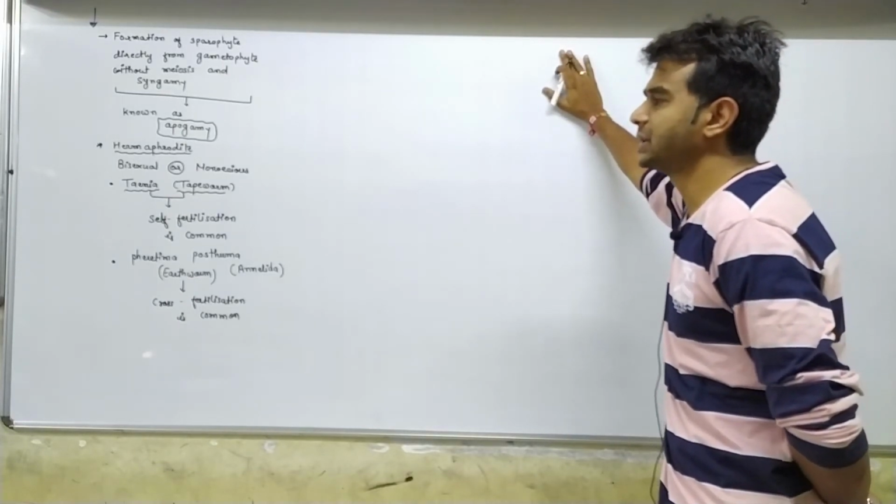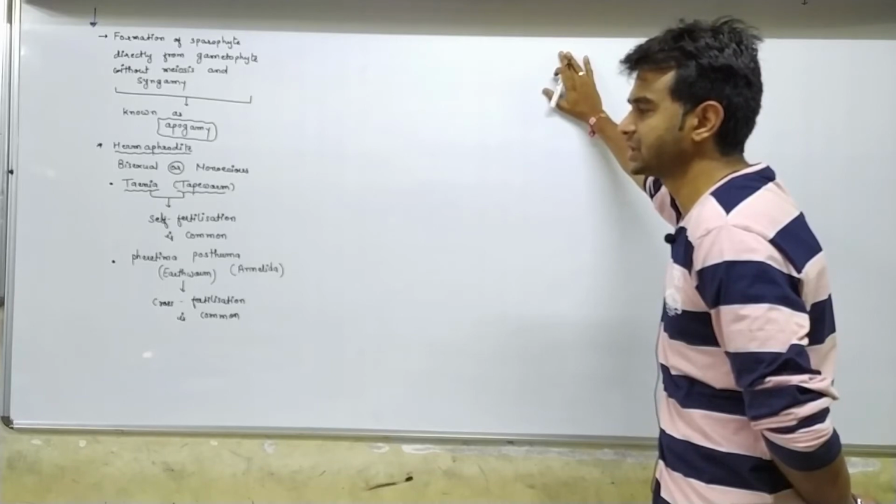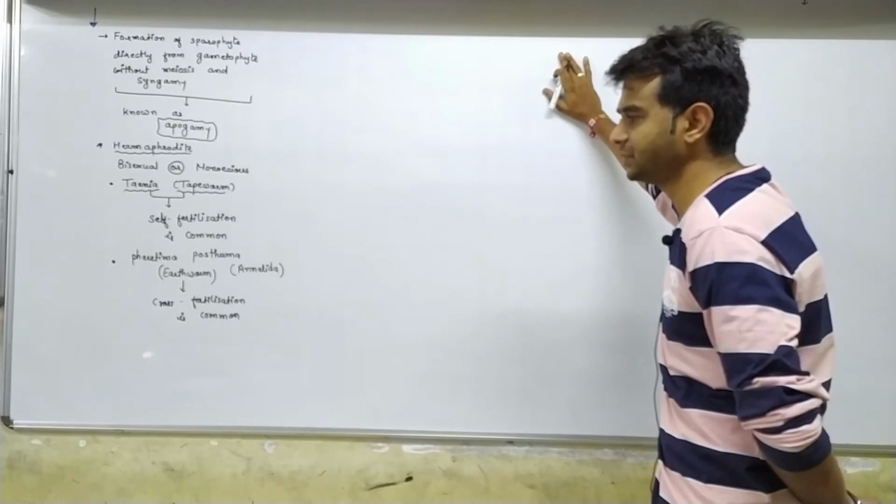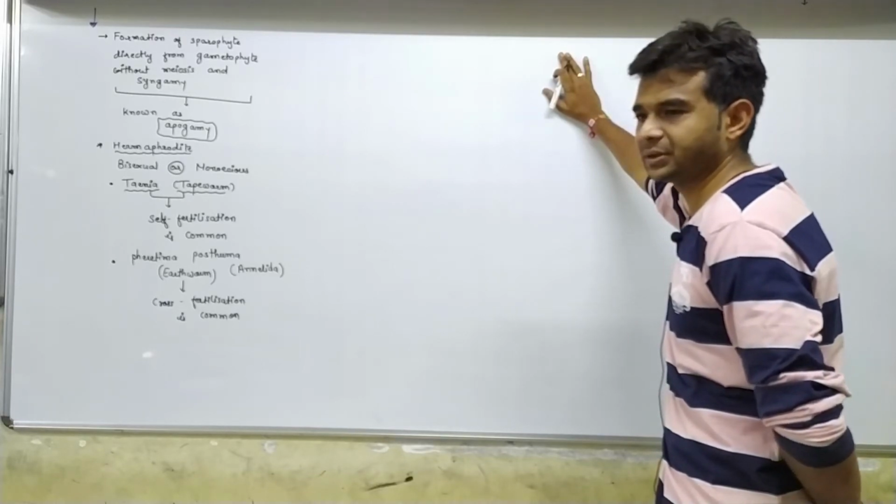Both these animals are hermaphrodite, but in some animals self-fertilization occurs and in some cross-fertilization occurs. Okay.